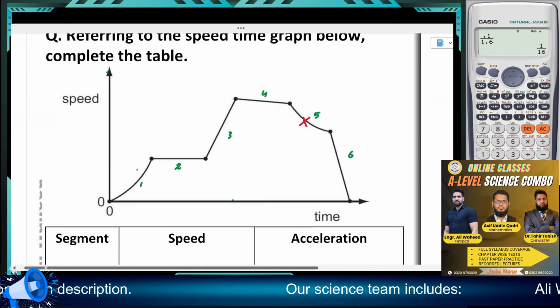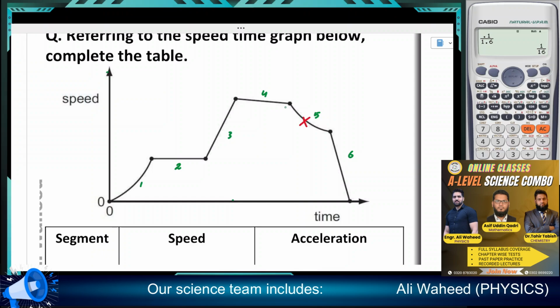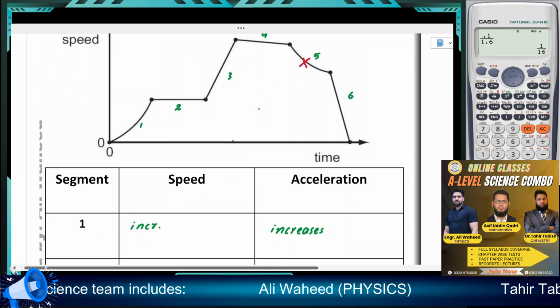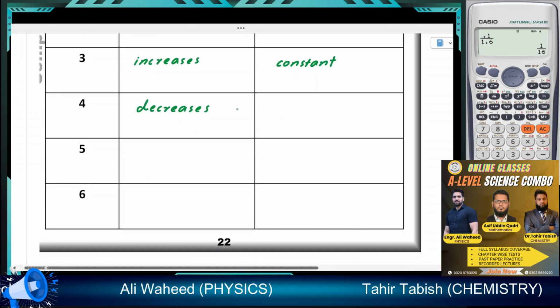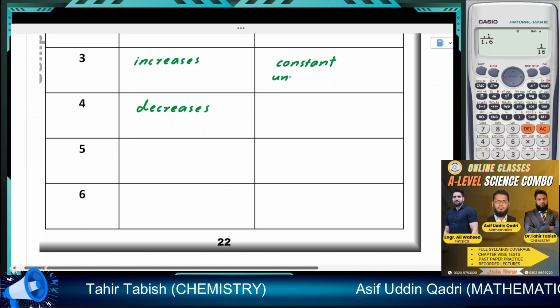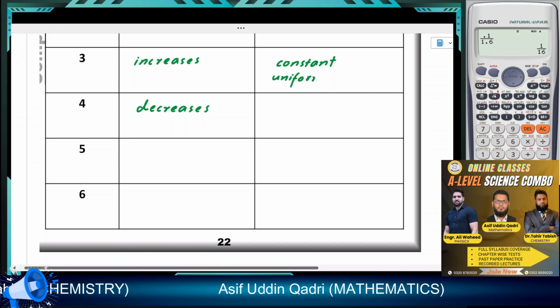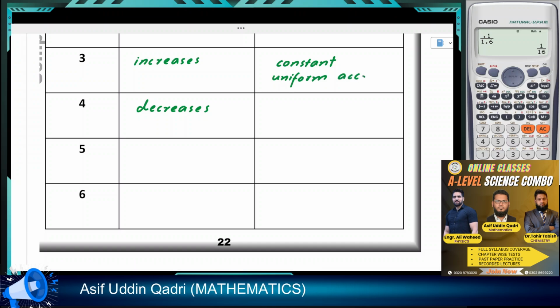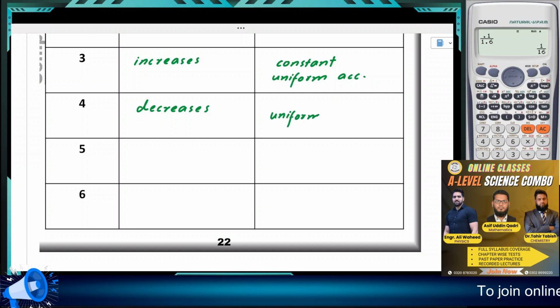What kind of deceleration? Since you have a straight line going downwards, it is uniform deceleration or constant deceleration. So for the previous one, you can write uniform acceleration or constant acceleration. And for this one, you can write uniform deceleration.